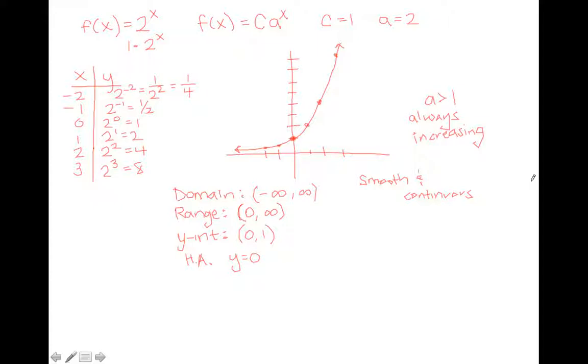All right, the next one we'll look at will be with an a of 1/2, so a between 0 and 1. Okay, so similar graph here. 1/2 raised to the x. So your c is still 1.